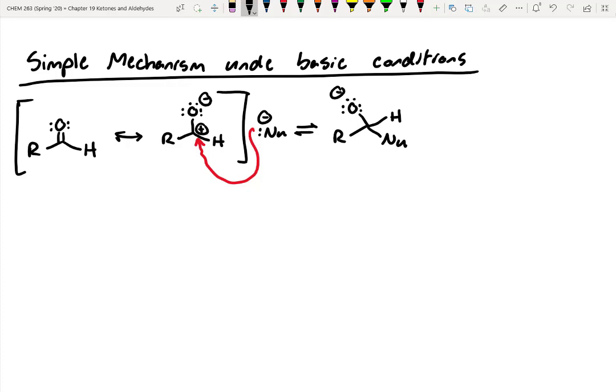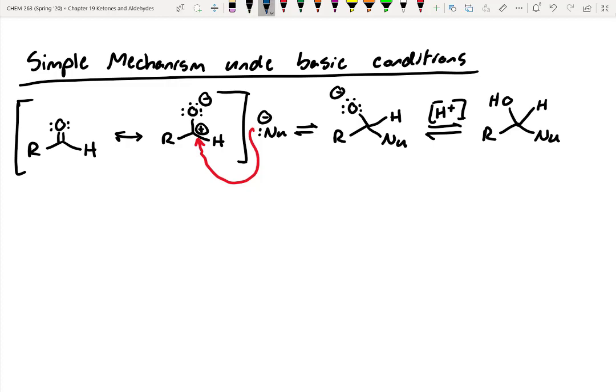And then in the second step, what we're going to do is we're going to quench with some sort of acid in order to get our neutral product. So there we go. We've got our nucleophile adding in under basic conditions.